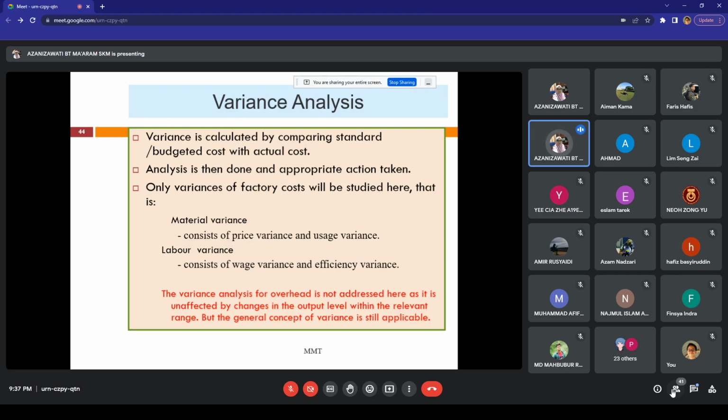Material variance consists of price variance and usage variance, and labor variance consists of wage variance and efficiency variance. The variance analysis for overhead is not addressed because it is unaffected by changes in the output level within the relevant range, but the general concept of variance is still applicable.